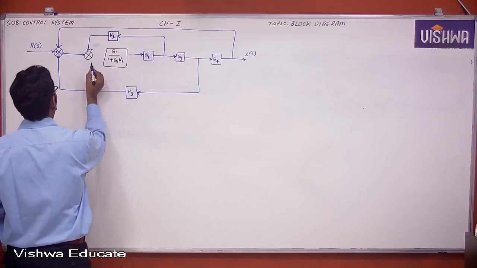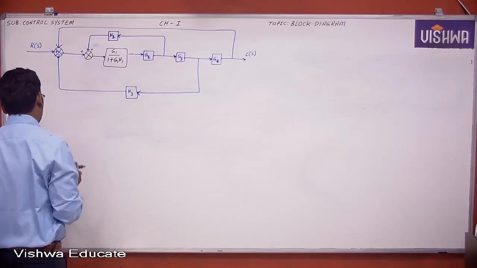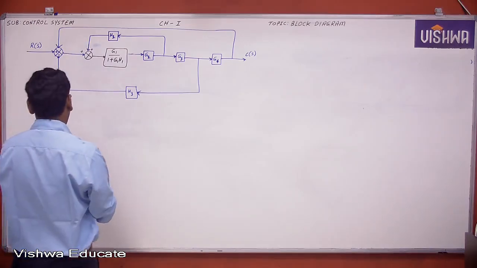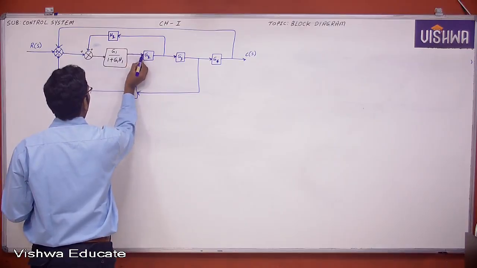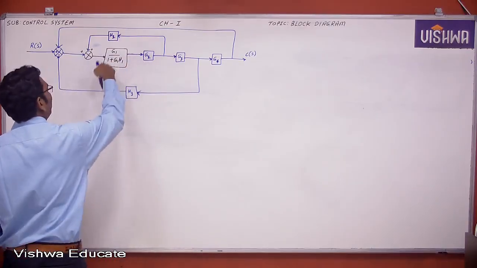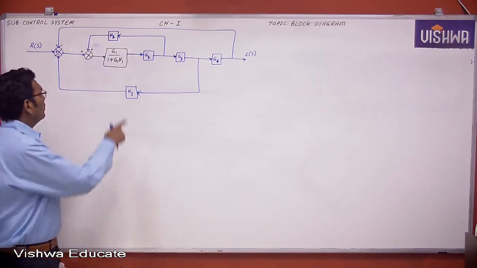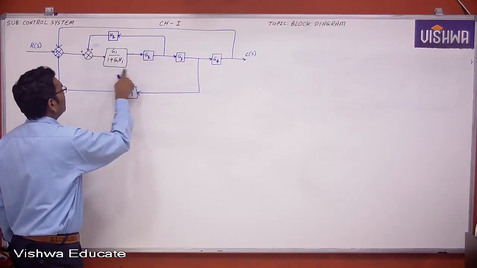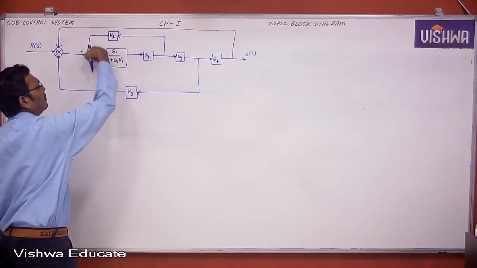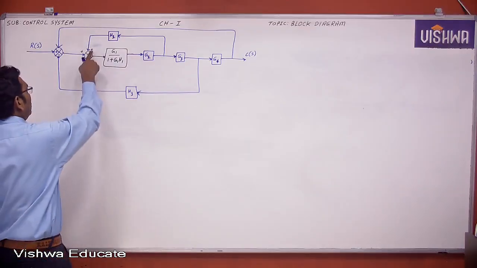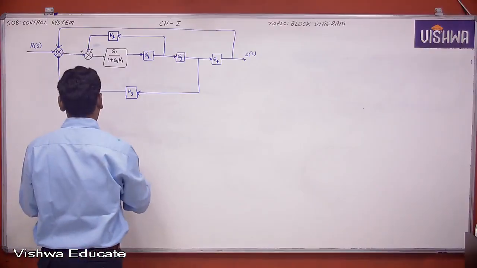Now see here, this negative feedback we first removed, and one more thing you can see here. These two are connected in series, right? This is one feedback path, but now this is positive feedback, right?